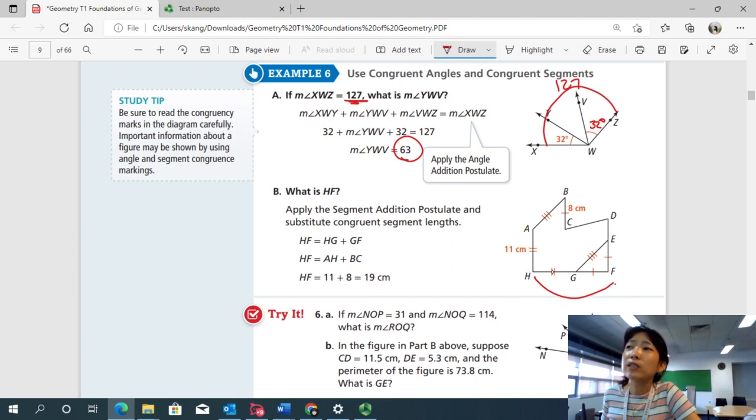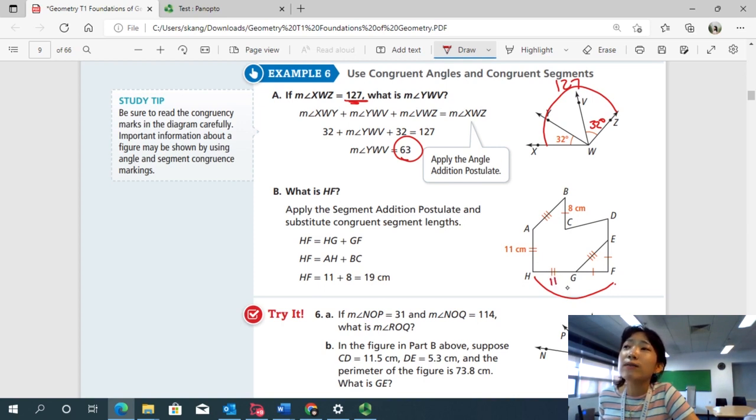HF is equal to HG plus GF. And HF could also be rewritten as AH, because you see these two tick marks, right? It means they're congruent.